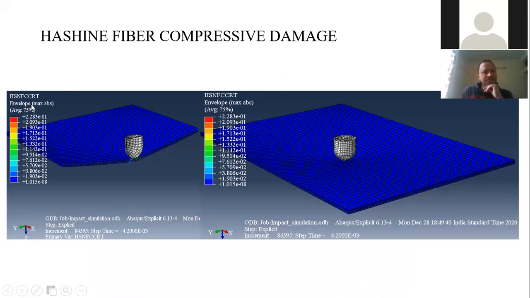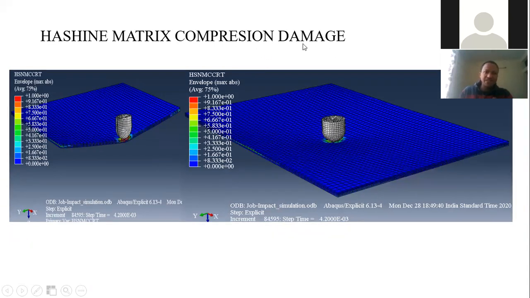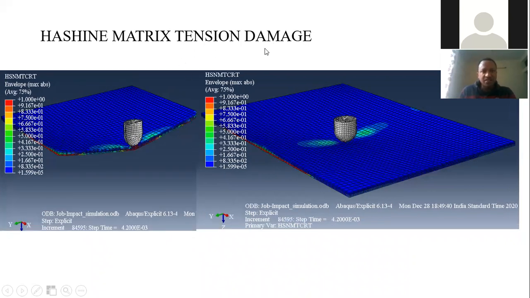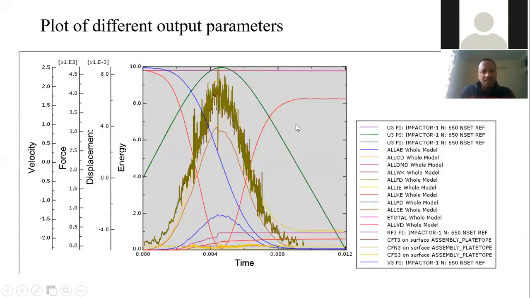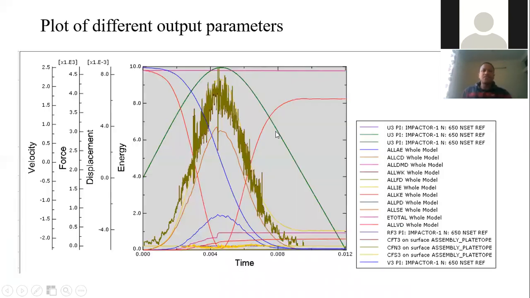So the Hashin fiber compression damage plot, the Hashin fiber tension damage, the Hashin matrix compression damage, the Hashin matrix tension damage are specified. And different plots can be made from the analysis.